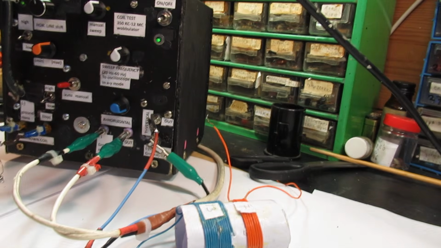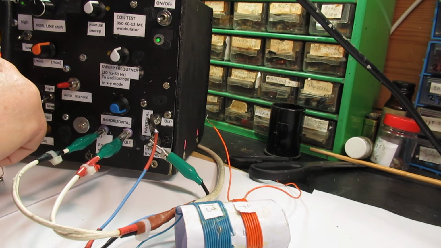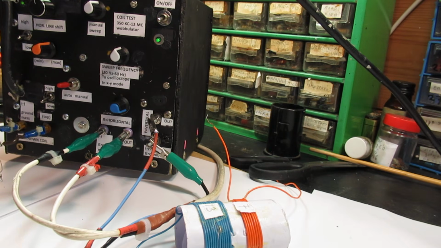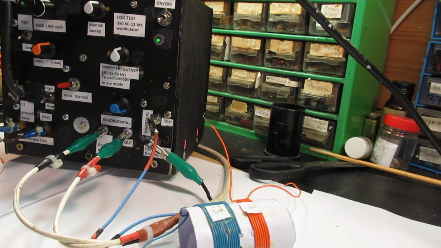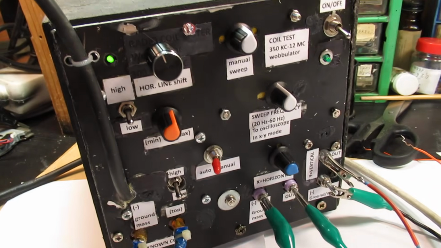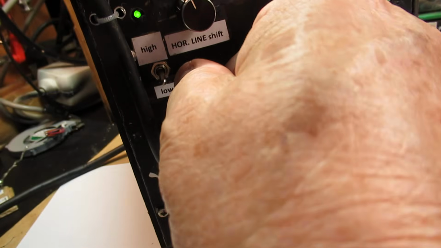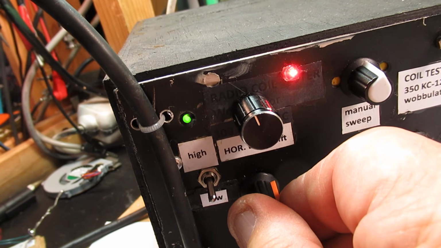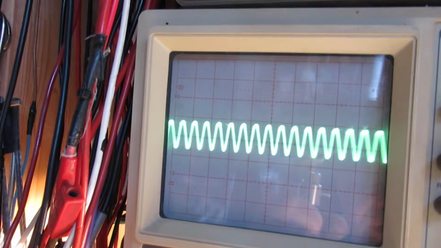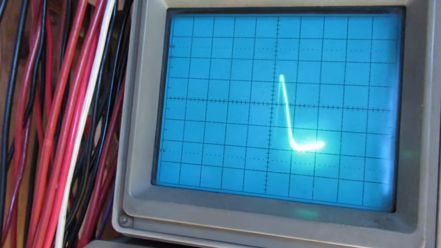So let's go to that coil. How does it perform on the Wobbulator? Well, let's try to get it into oscillation. Well, here it is in oscillation. That means that we have a waveform here on the scope that is connected to the circuit, and here we have the peak resonance.